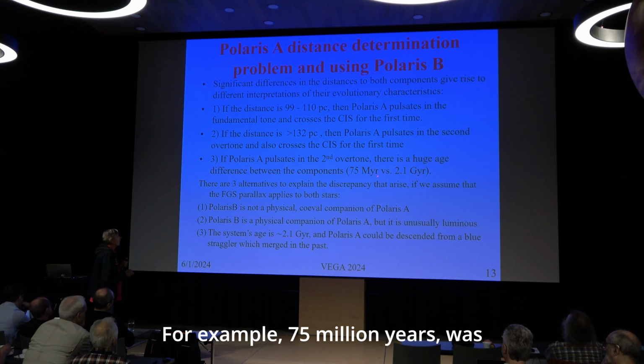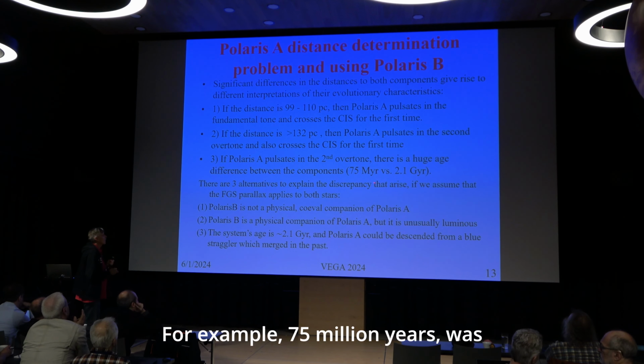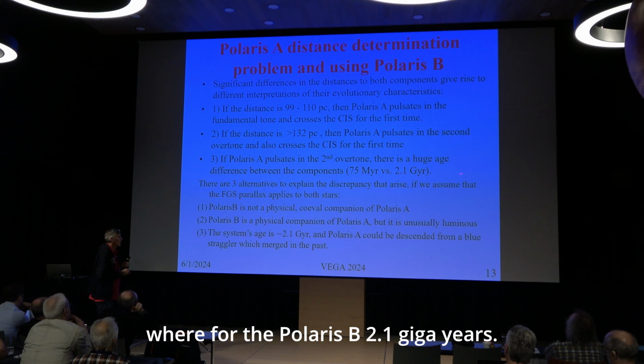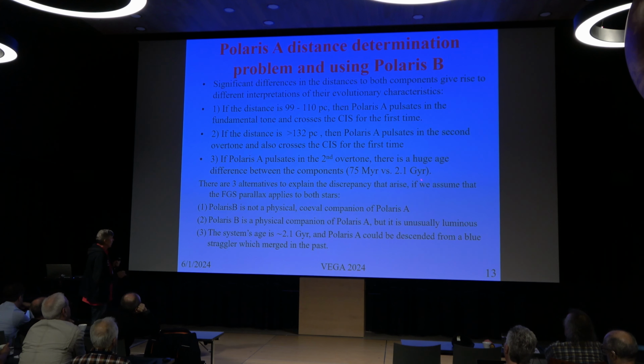For example, 75 million years was estimated as the age of the main component, whereas for Polaris B, 2.1 gigayears.